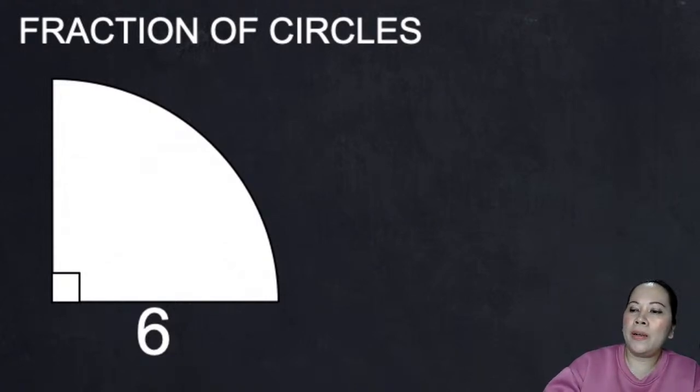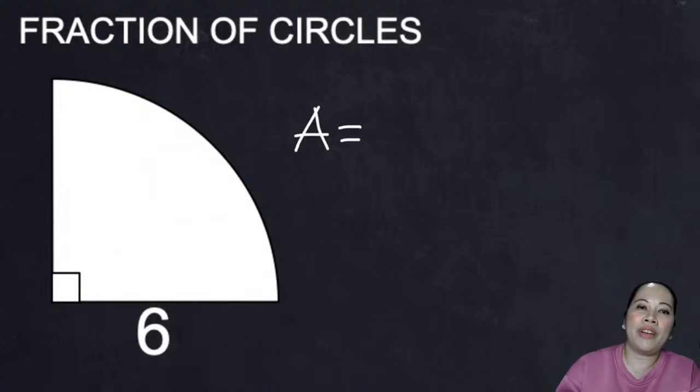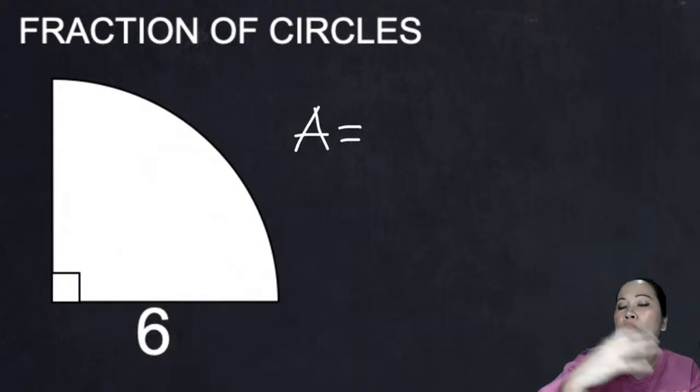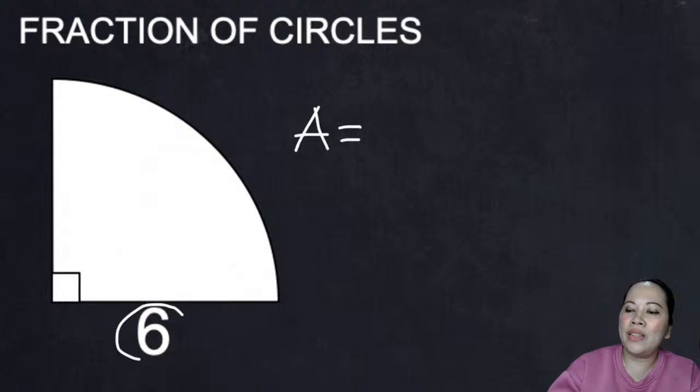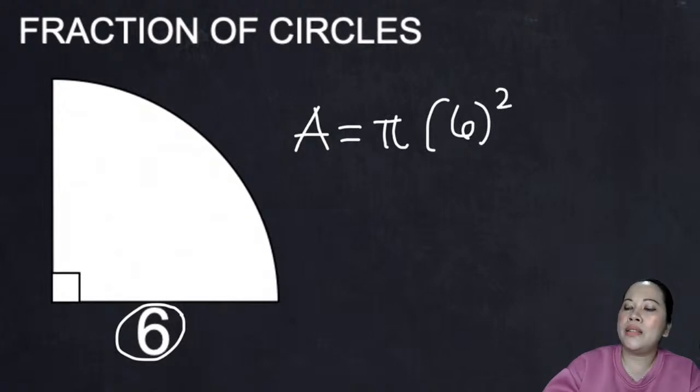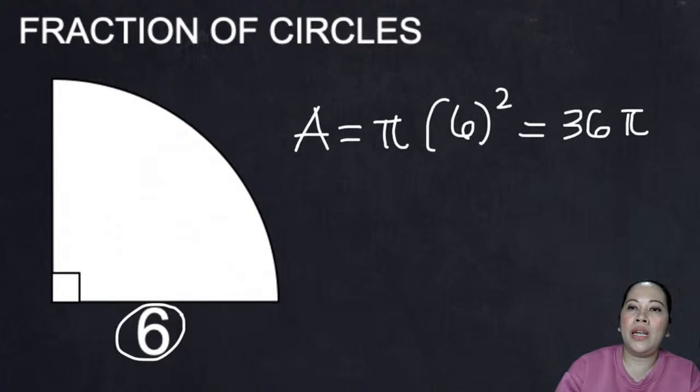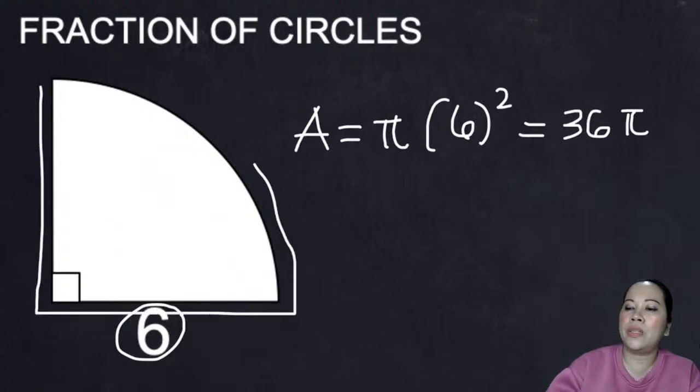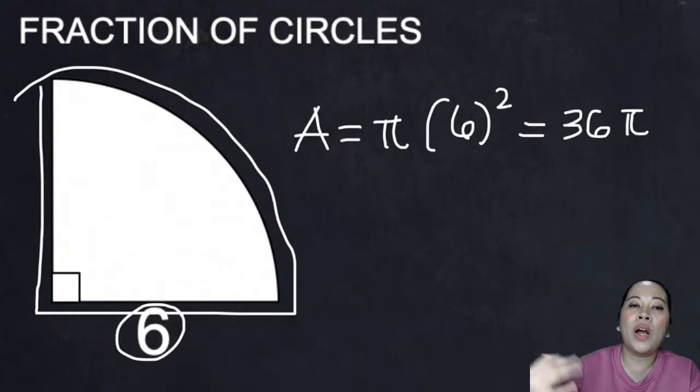For area, since this is only a fraction of your circle, the first thing you have to do is find the total area of your circle. Here 6 is your radius, so the area is pi times 6 squared, which is 36 pi. Now, this part is a quarter. Why is it a quarter?